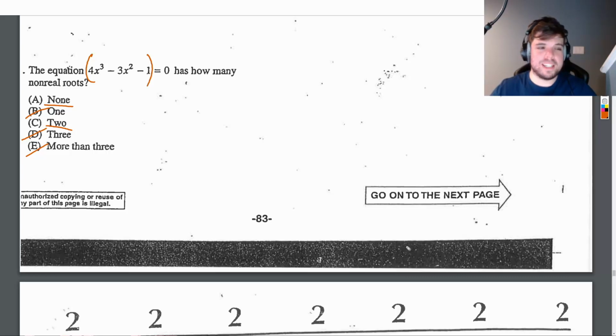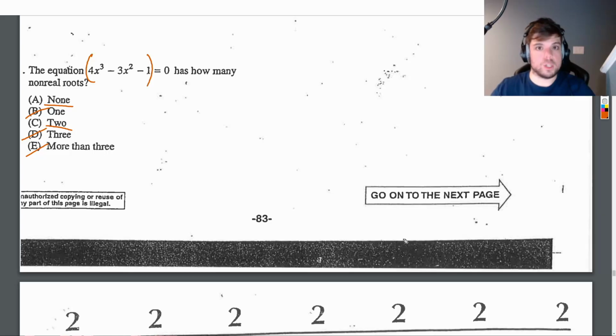Okay, I want to say if you have a graphing calculator, you already know the fastest way. You're going to plug this into your graphing calculator. You're going to see how many times it crosses the x-axis. Sorry, let me say that again. If it crosses the x-axis 3 times, so like it'll look like 1, 2, 3, then you know the answer is none.